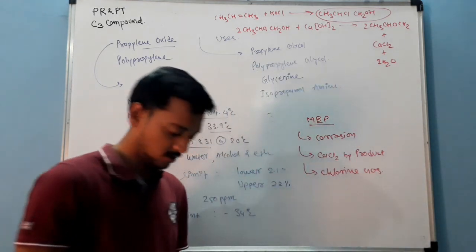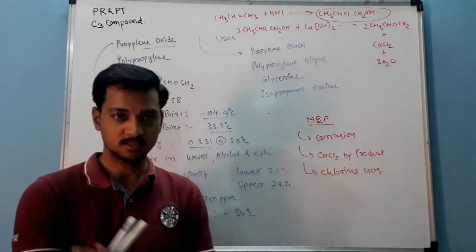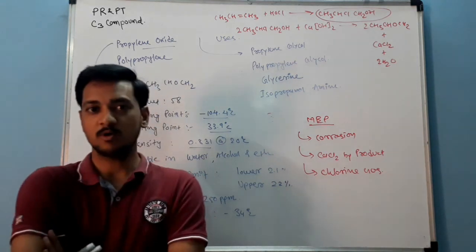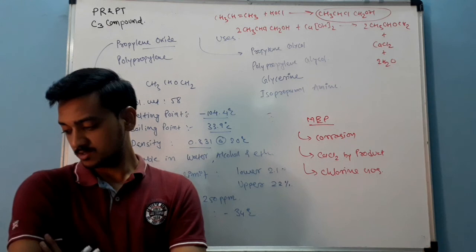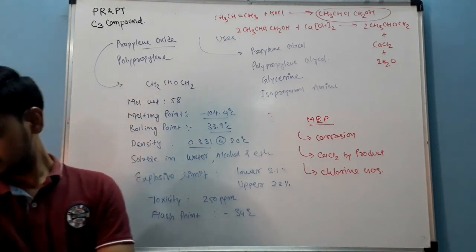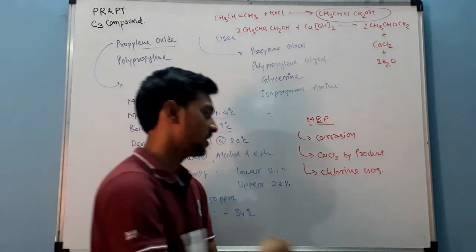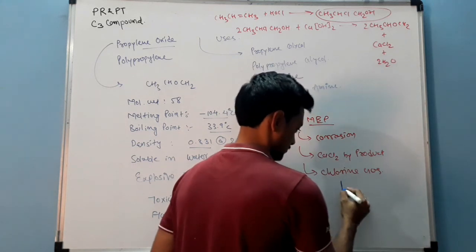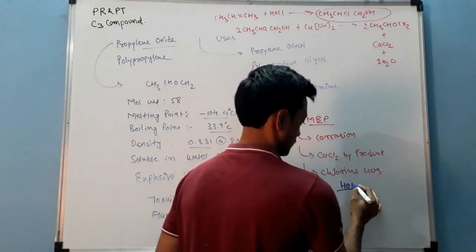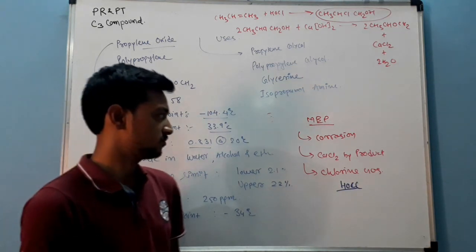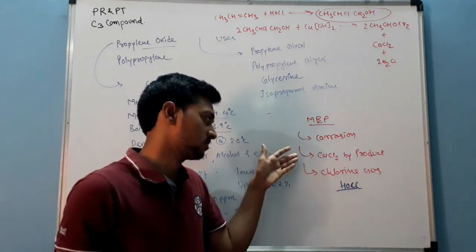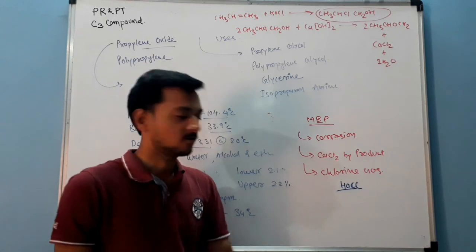As you know, the chlorine is a corrosive gas, so there is a problem of chlorine gas because hypochlorous acid is produced. So there is a problem of corrosion and CaCl2 byproduct and chlorine gas.